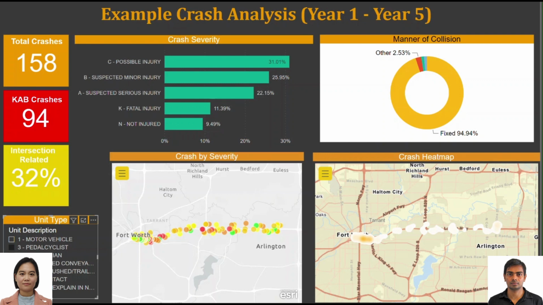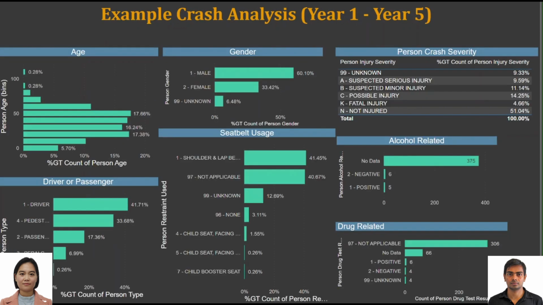The next one, we can look at the person factor. I have the person factor on a different tab. We can look at crashes by driver's age, gender, and severity. We can choose whether the person needs to be a driver.